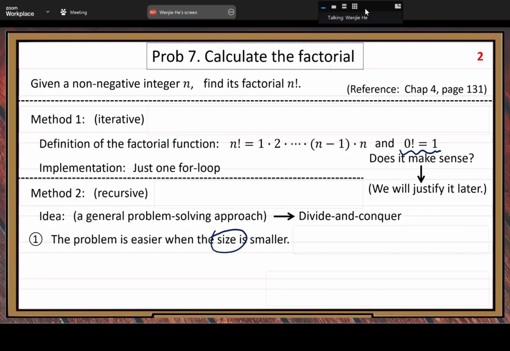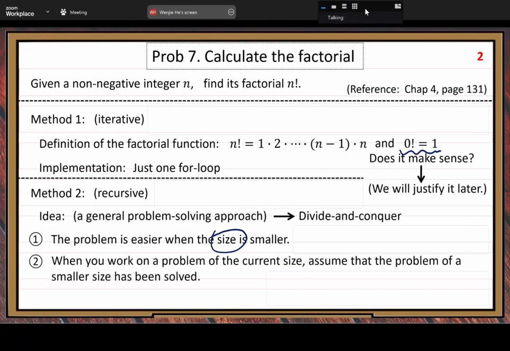So when we work on a problem of current size and reduce the problem size, a very important step in this recursive method is we assume that a problem of a smaller size has been solved.